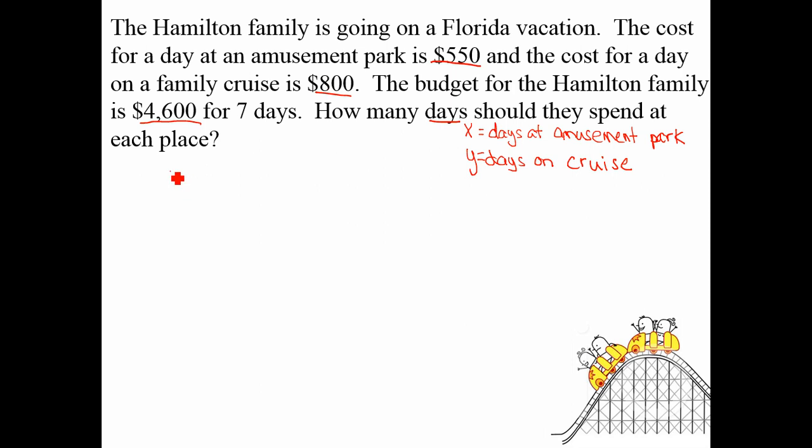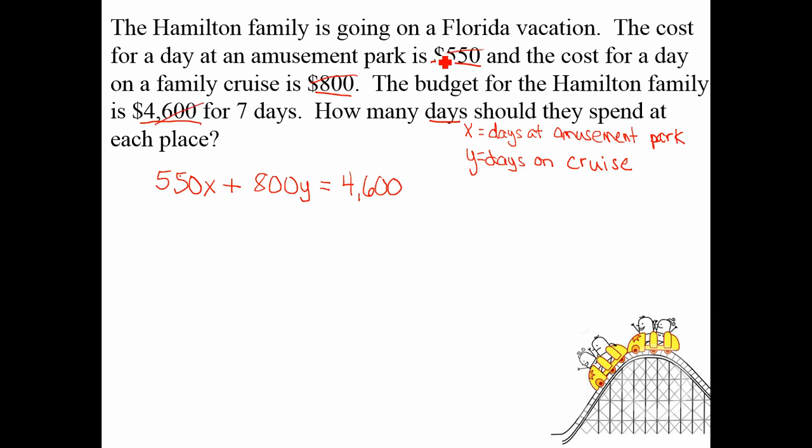We would have $550 for a day at the amusement park, so that was x, plus $800 for a day on a cruise. And all of that has to be, that family's budget has to be considered, so at most $4,600.